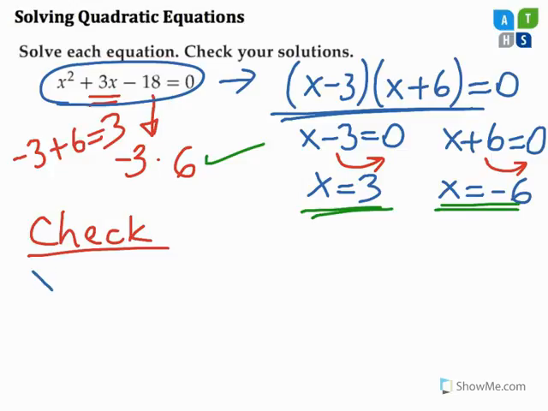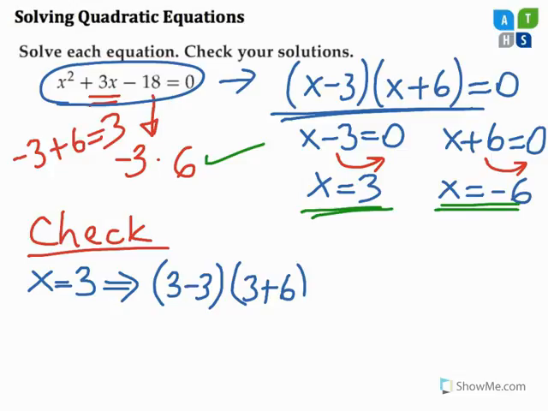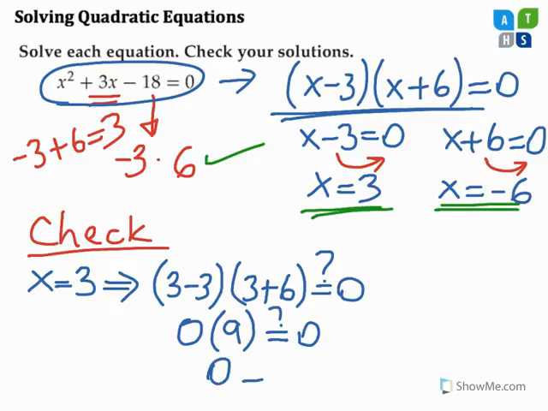So for x equals 3, in the factored form it will be 3 minus 3 times 3 plus 6. Well, we're checking this if it's equal to 0 or not. Well, 3 minus 3 is 0, times 3 plus 6 is 9. So 0 times 9 is 0. So my answer is correct.